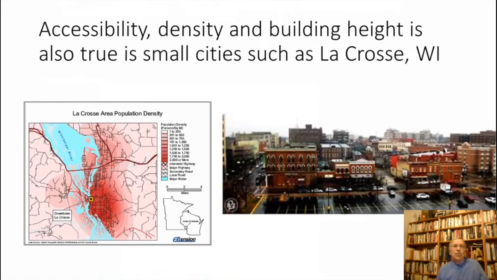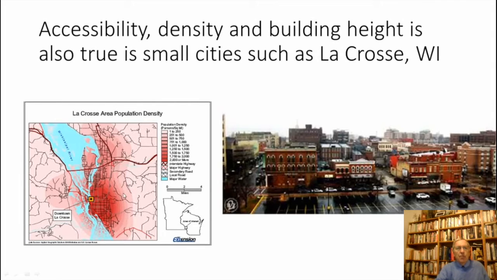And that is true. We're going from Buenos Aires to New York. I just pulled a sample picture here because I wanted you to see this population density map. Here's a small city, La Crosse, Wisconsin. The picture looks like the size of a town like Zanesville or Chillicothe or Lancaster. But you see the same principles are true.